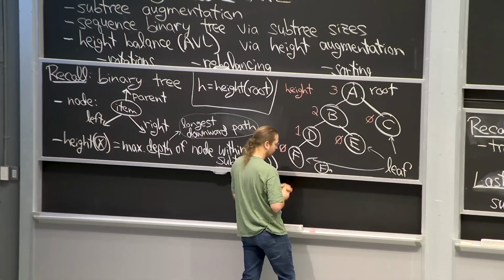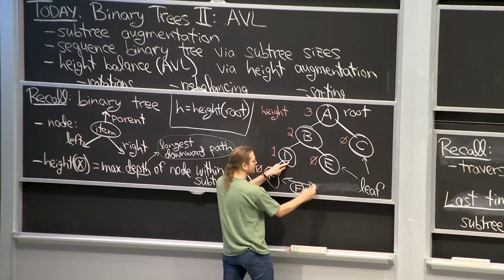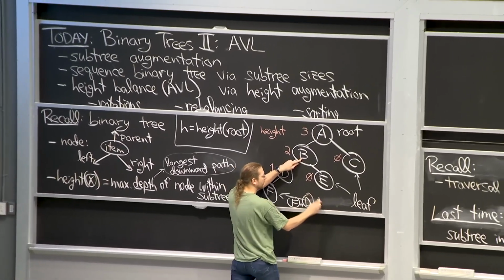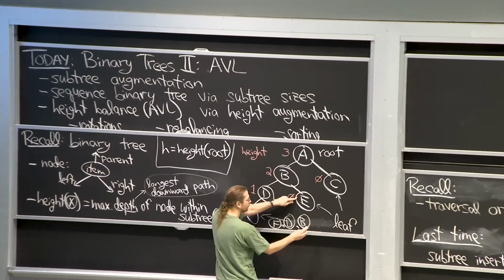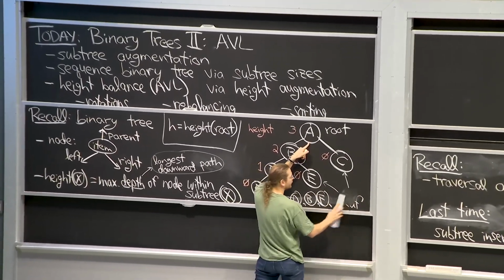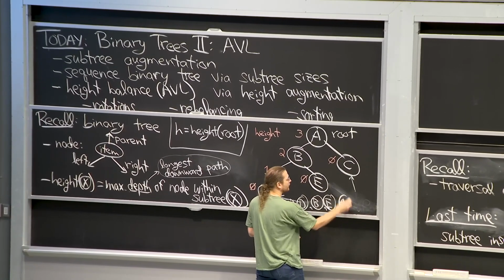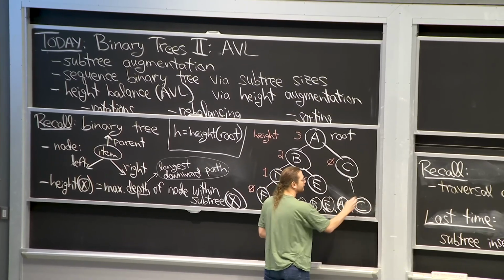Then we have D, then we have B, then we do the right subtree of B, which is E. Then we have the root, because we finished the left subtree of the root. So that's A. And then we have C.